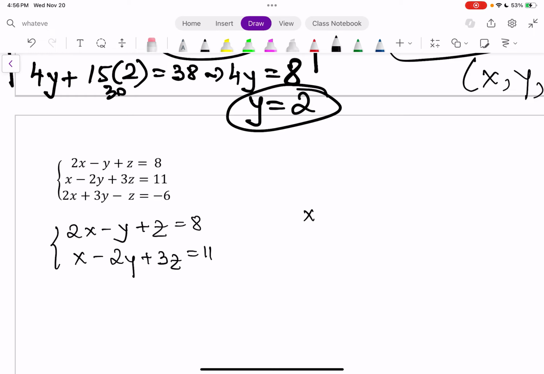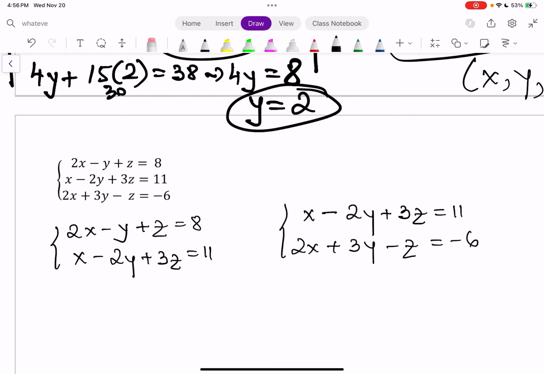If you want to keep it all the same and organize the same way and not have to think too much about what might be best, you can always just get rid of x first. You could also get rid of z because they have opposite coefficients already. But you still need to, in the end, grab 2 different pairs of equations and eliminate the same variable. So I'm deciding I want to get rid of x.